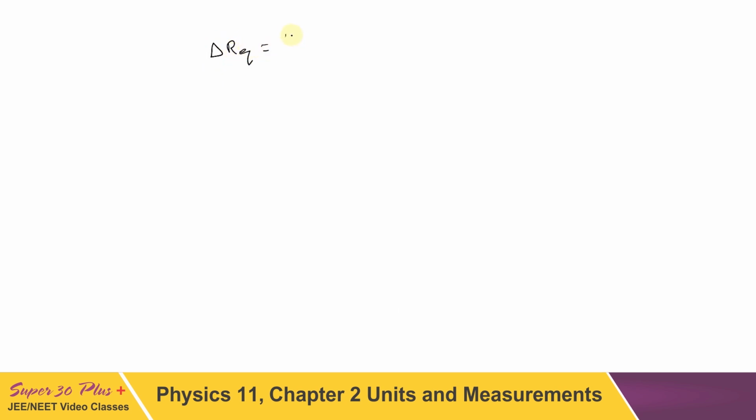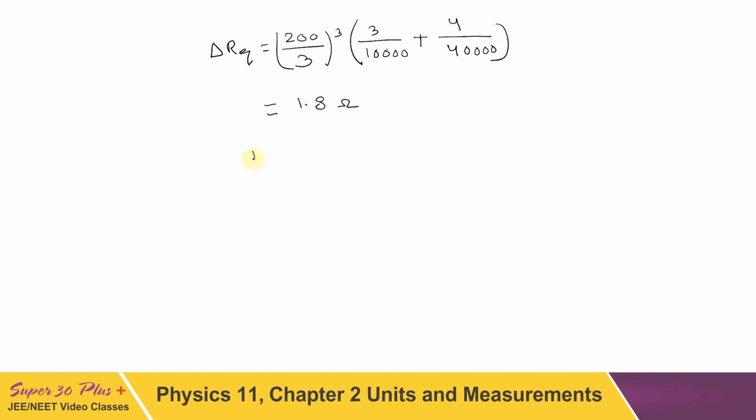So it would be square of 200 by 3, then this is 3 upon square of 100 plus 4 upon square of 200. After calculation, this will come out as 1.8. And finally, R equivalent can be written as 66.7, that is the value of 200 by 3, plus minus 1.8 ohm.